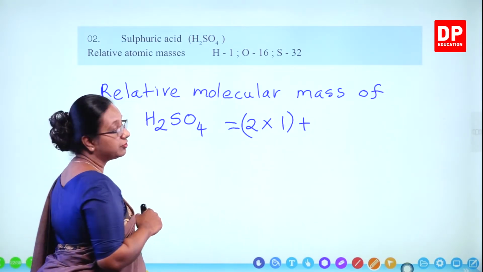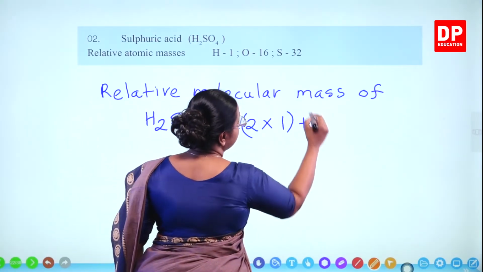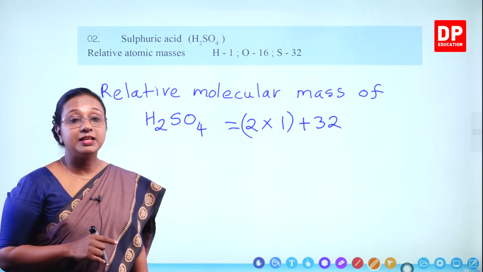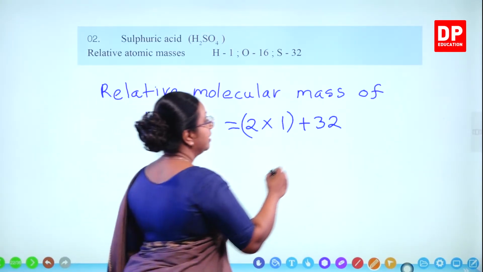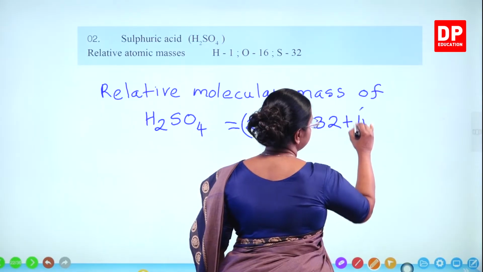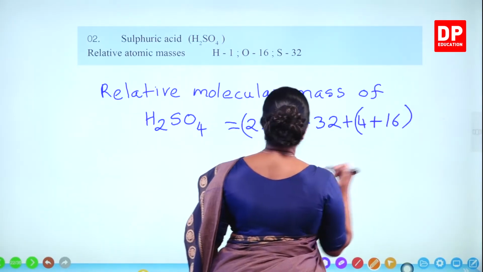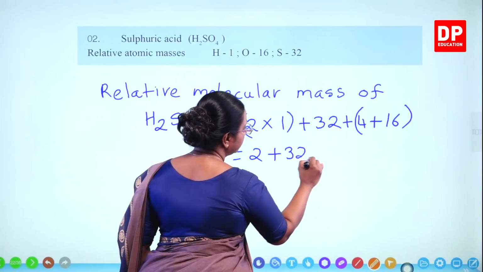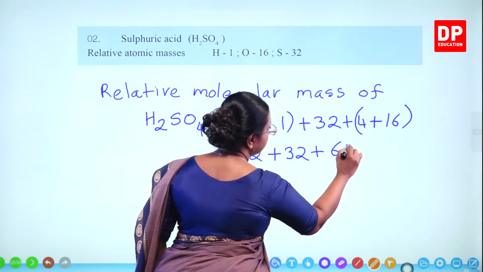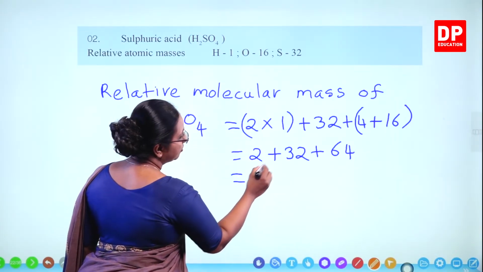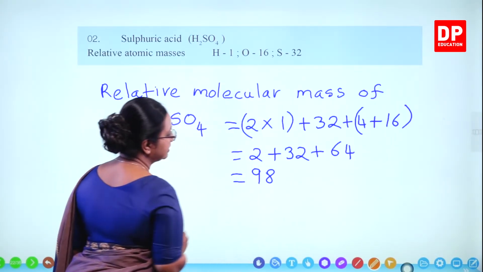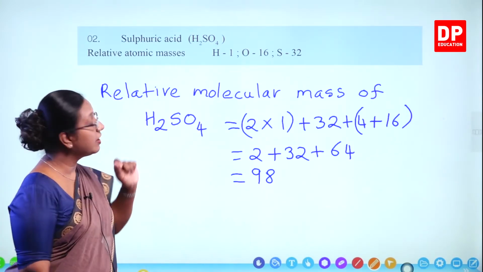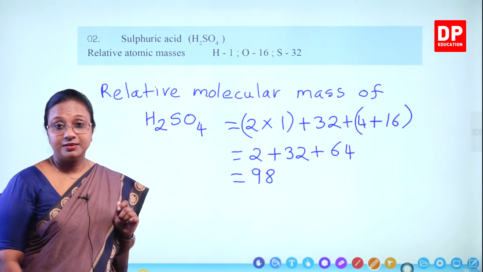With that, you have to add sulfur. Sulfur, you can see, is 32, and oxygen, the relative atomic mass is 16. But there are 4 oxygens. So 4 into 16. Here it will become 2 plus 32 plus 64. Then you get the value as 98. That is the relative molecular mass of sulfuric acid.